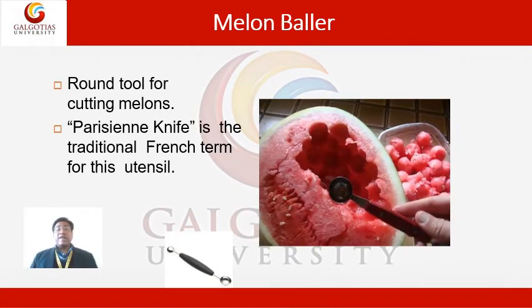Then we have a melon baller, also known as a Parisian scoop. When serving something that needs decoration, or round balls need to be taken out from melons, potatoes, other vegetables or fruits, we use this melon baller, also known as a Parisian knife or a Parisian scoop in French.